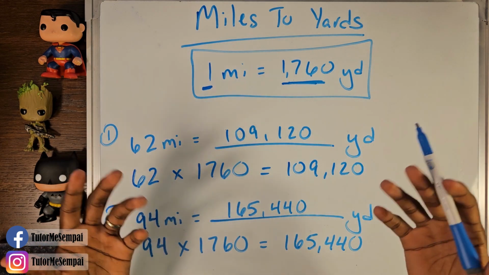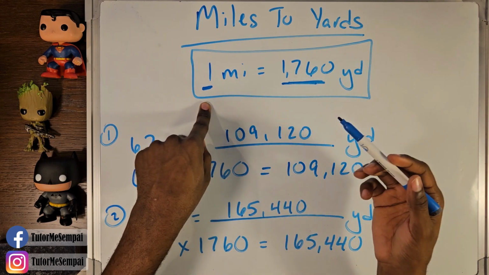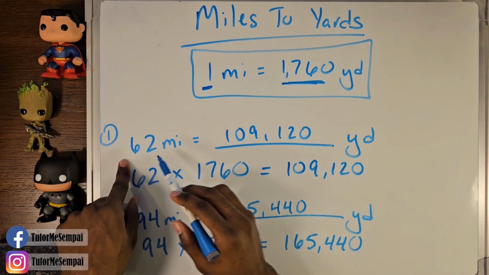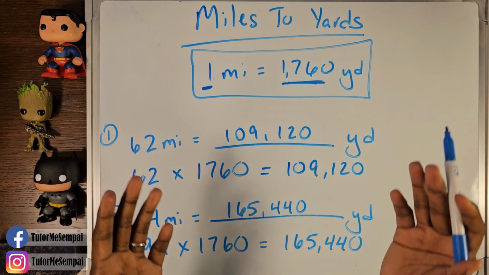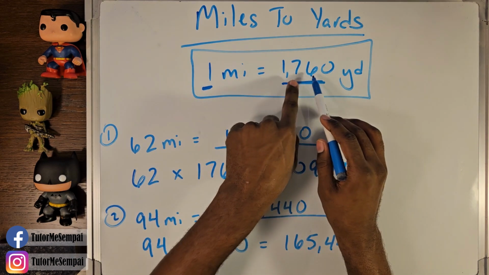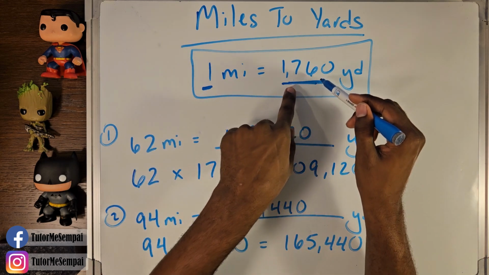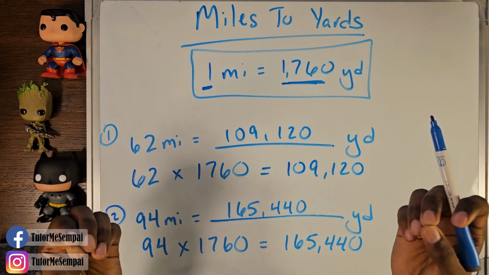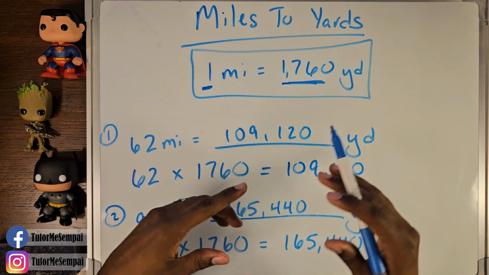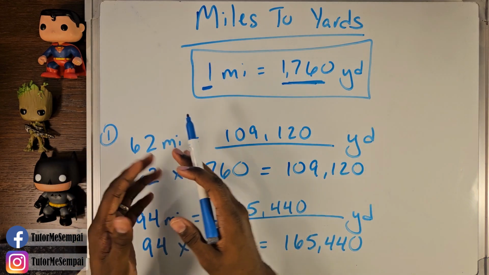Well, me personally, I think multiplication. So if I'm going from miles to yards, I want to grow the number that I'm going to have. It should be a bigger number than what I started with, so I want to multiply. However, in the same vein, if you're going from yards to miles, notice you're going from a bigger number to a smaller number. I think division when I see that. It's a bigger number and I want to end up with a smaller result. So I want to divide. So that's how you can use your basic unit conversion to remember. Miles to yards, multiply. Yards to miles, divide.